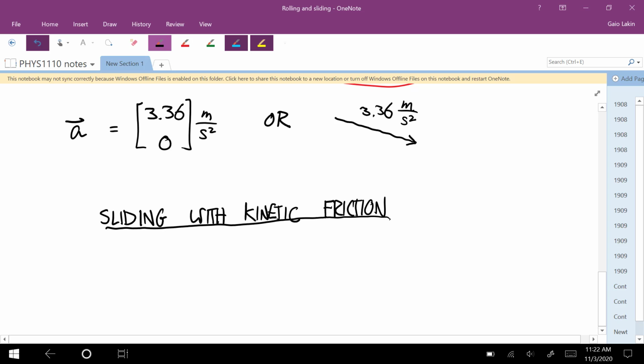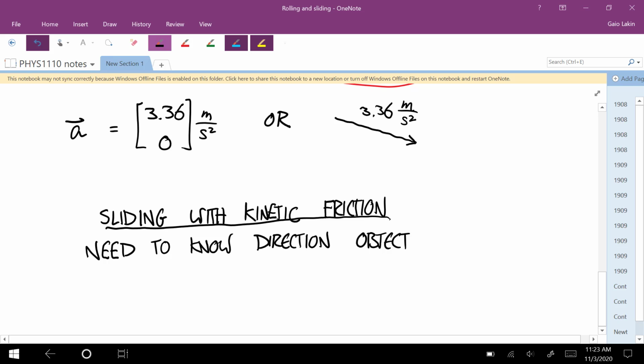These are the only kinds of problems where in order to do the problem, you have to know which way the object is sliding at the instant you're looking at. You need to know the direction the object is sliding.